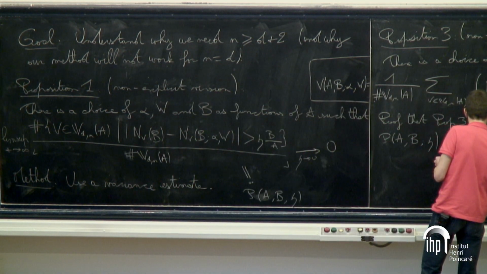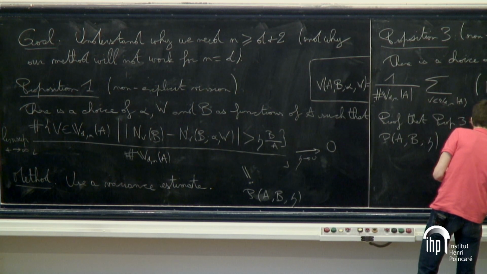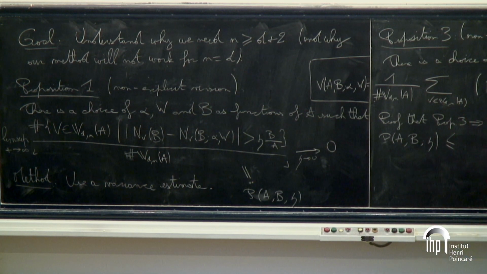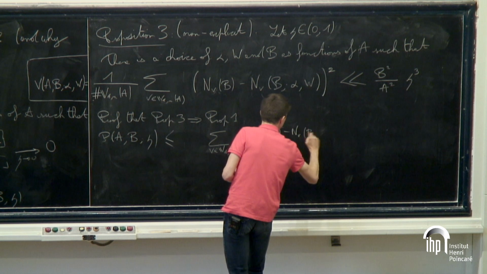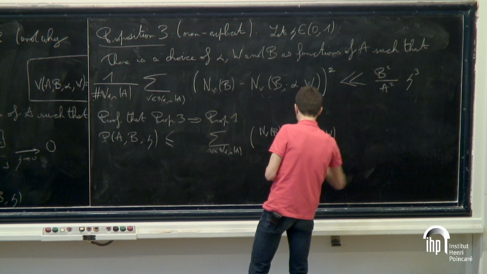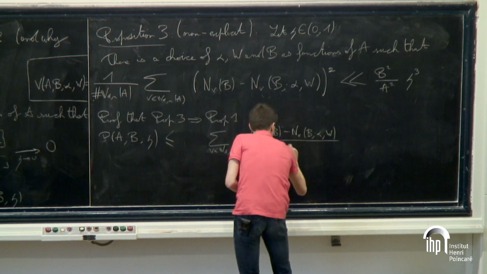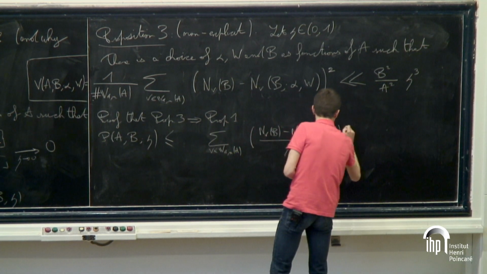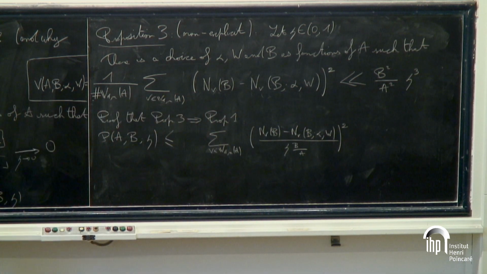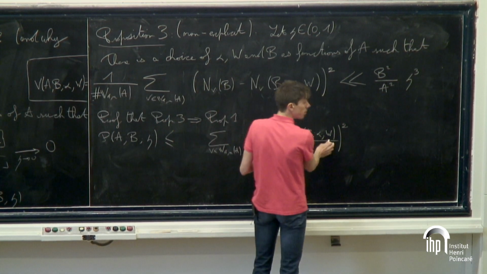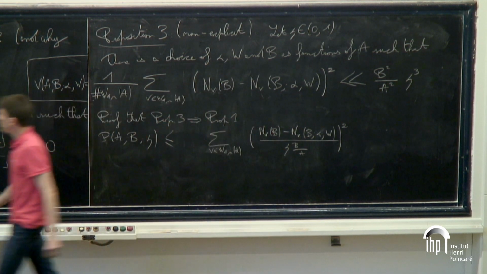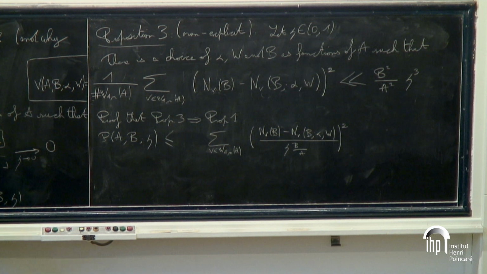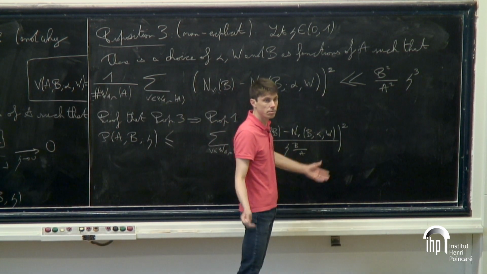Okay, so in particular, if I sum over V in VDN of A, that quantity squared, so in V of B minus NV B alpha W divided by eta B over A. If I square this, then either V is in the set we want to count, and that thing is larger than 1, so I'm summing something which is larger than 1, or V is not in that set, and then I'm summing something which is non-negative.